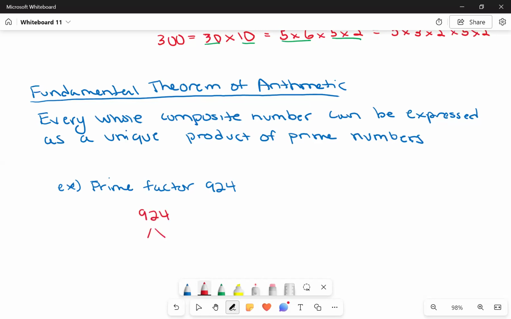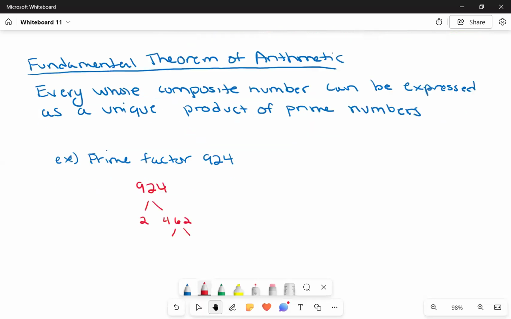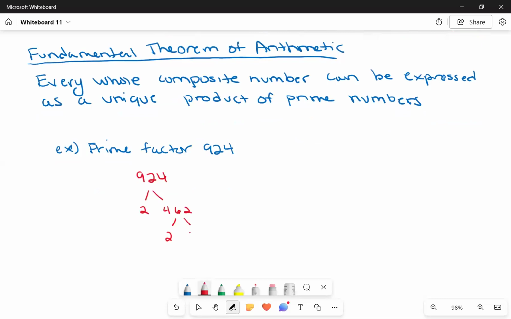All right, so let's see. Well, I know 2 goes into 924. So I'm going to grab my calculator and I get 2 times 462. Okay, 2 definitely goes into 462, which will give me 231. Now I happen to know that's divisible by 3 from last section, because if I add 231 up, that's 6, and that's divisible by 3.